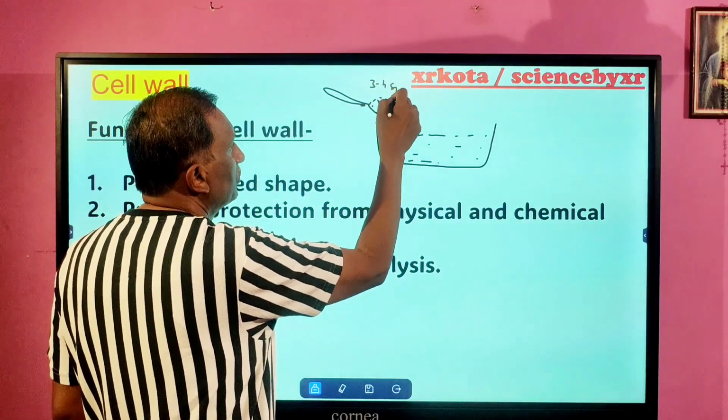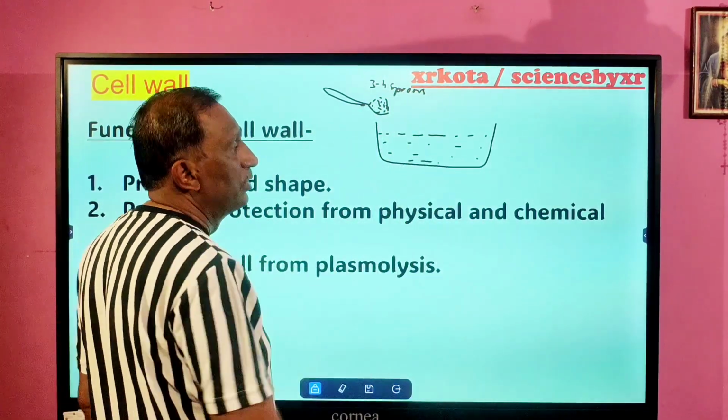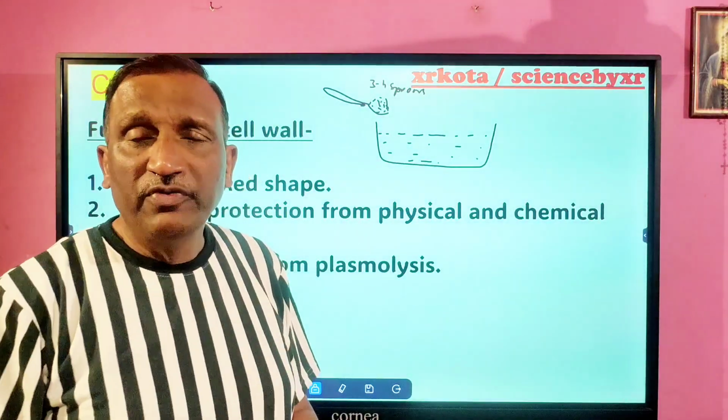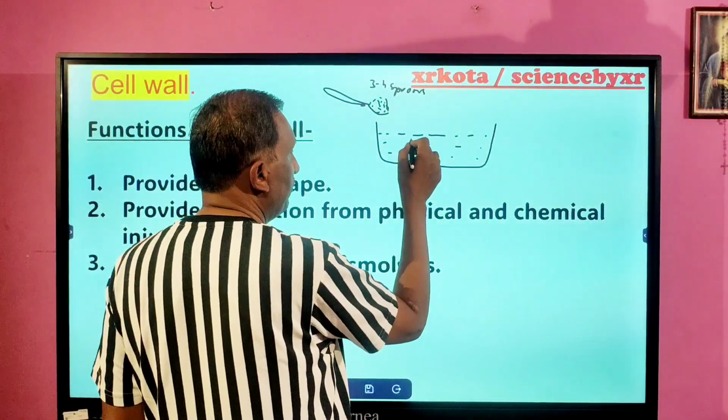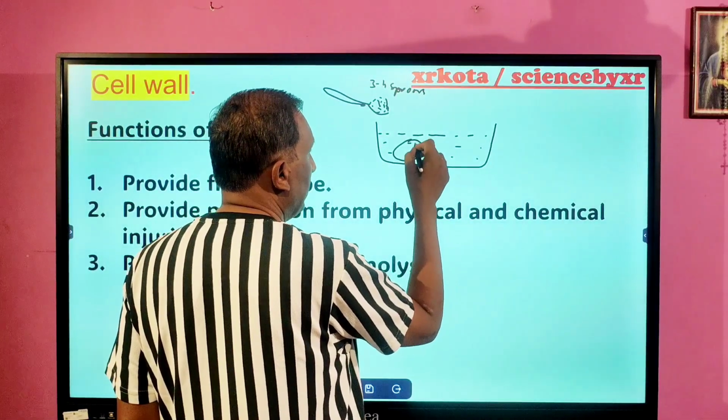So it will become very highly concentrated. Now you can add 3 or 4 grapes.